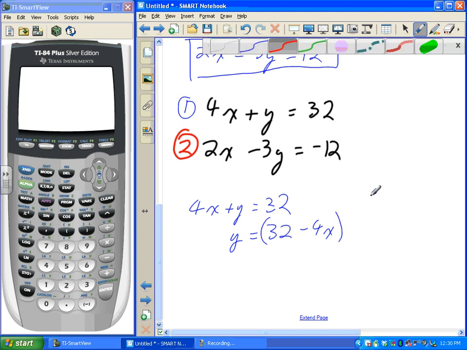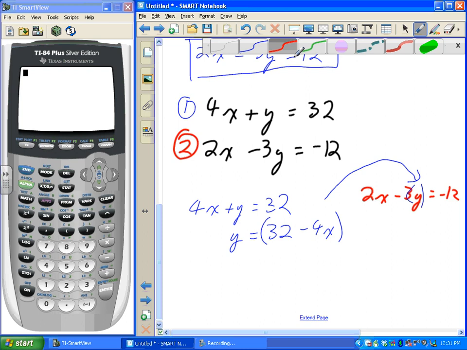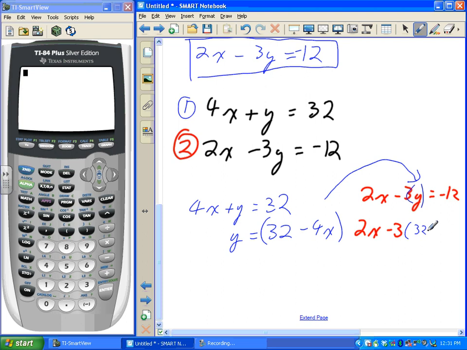I'm going to plug that into my second equation, 2x minus 3y equals negative 12. I'm going to substitute this new bracket, 32 minus 4x, for the y in the other bracket. So what that will look like is 2x minus 3 times 32 minus 4x equals negative 12.